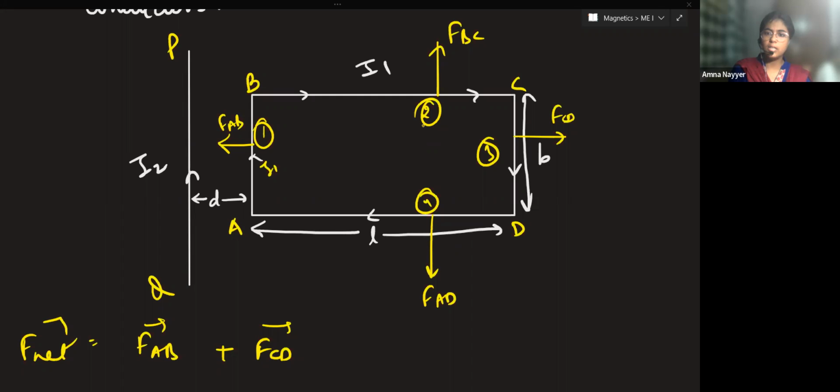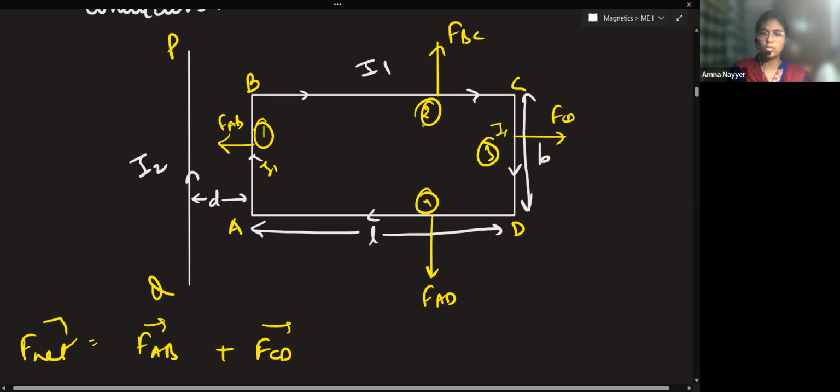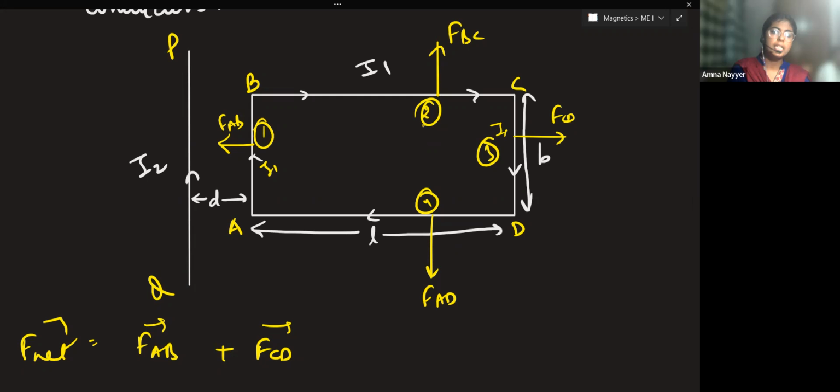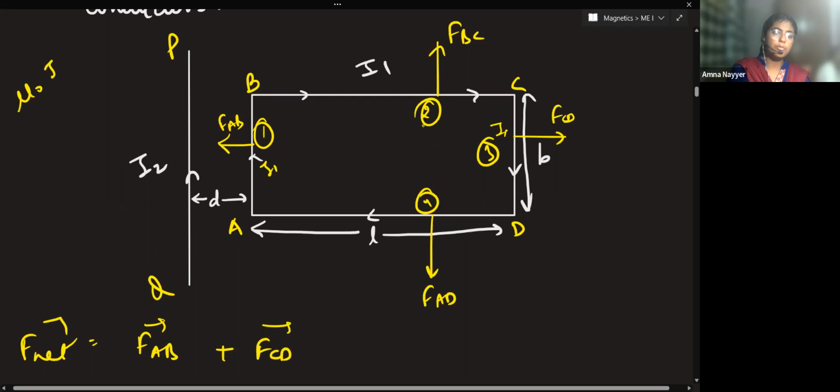One current is I2, second current is I1. So it will be mu naught I1 multiplied by I2. See, main formula is what? Mu naught I1 I2 L divided by 2 pi d. Now you just have to fit in all the things in this formula. This is the main formula. So mu naught will be there, I1 I2 are the currents.